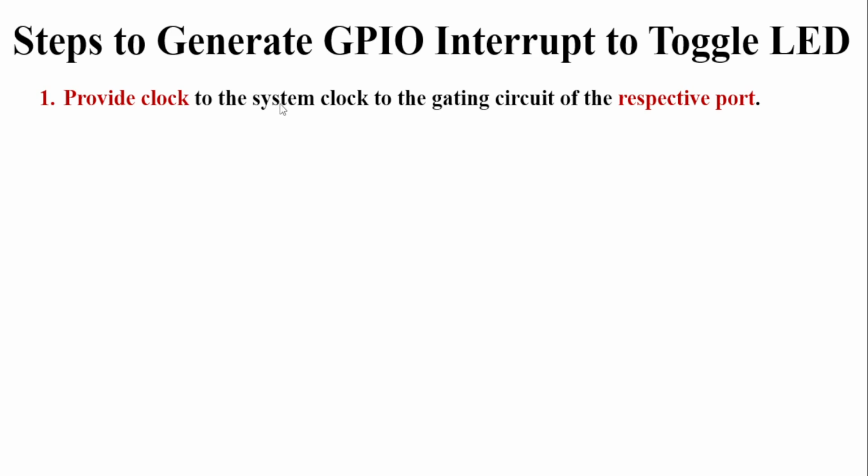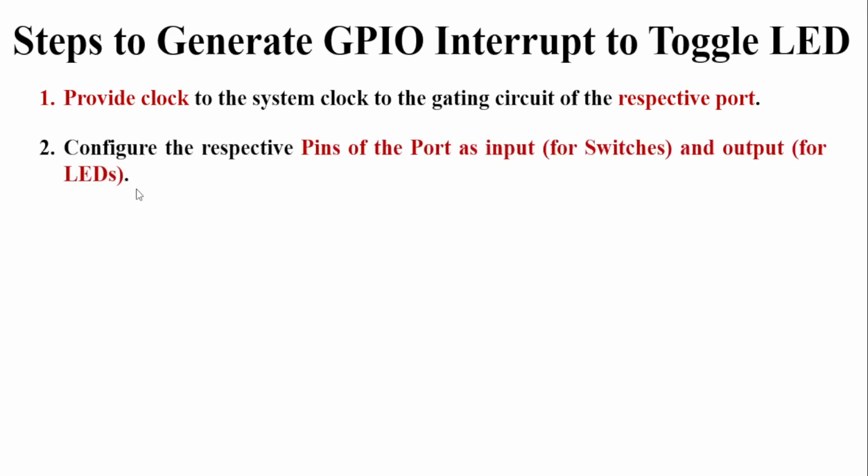First, we have to provide the system clock for the gating circuit of the respective port, which is port F. Then we have to configure the pins of the port, such as switches as input and LEDs as output.